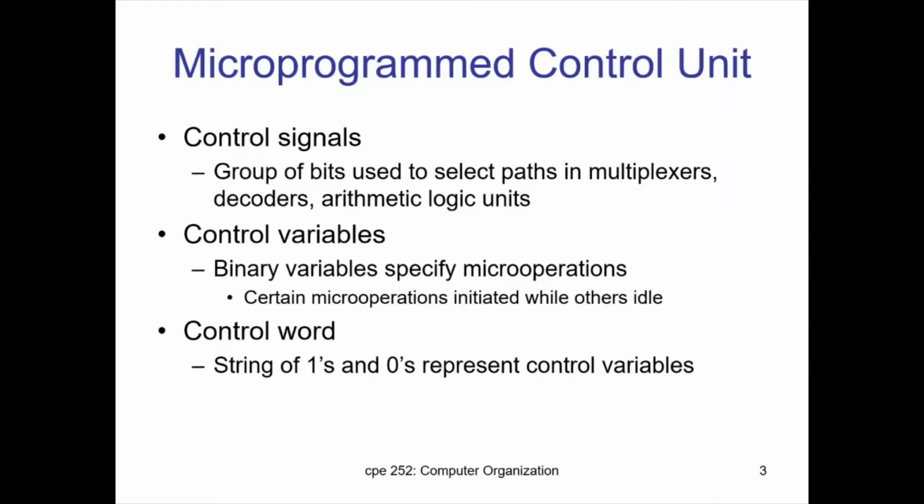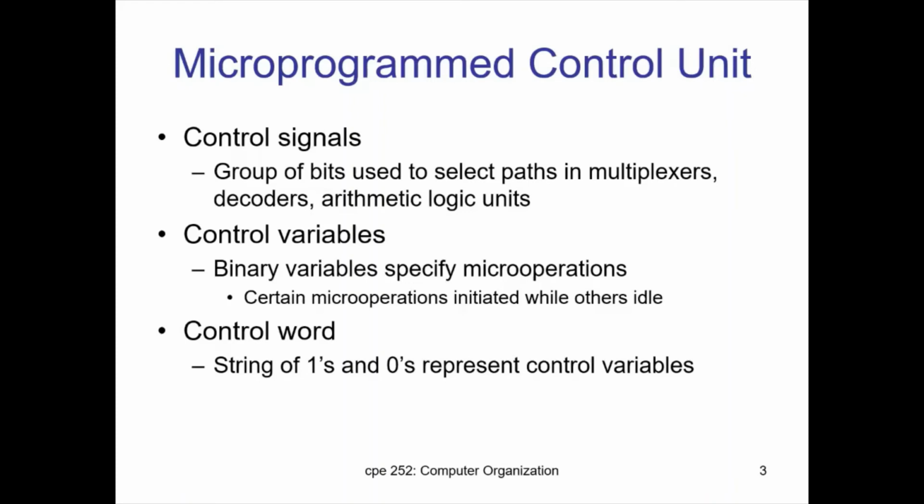We have buses, control bus, address bus, data bus, in your computer with the help of the motherboard. All this data transaction is executed. We need a control variable to execute the data. So a binary variable specifies the micro operation. What does this micro operation do? It is going to initiate whenever the other operations are executing one by one. We have the binary string called the control word.